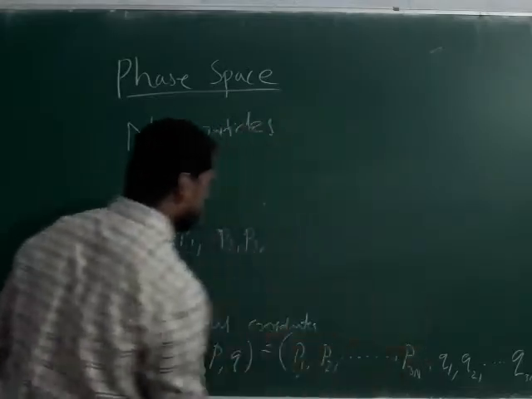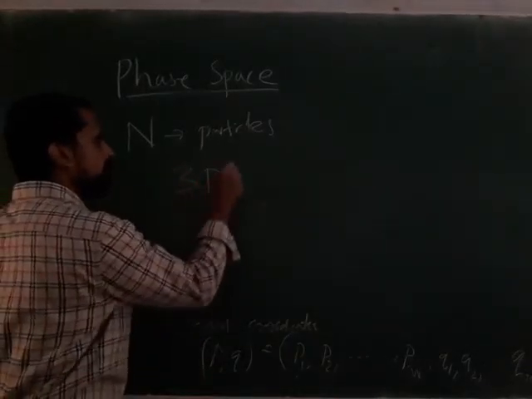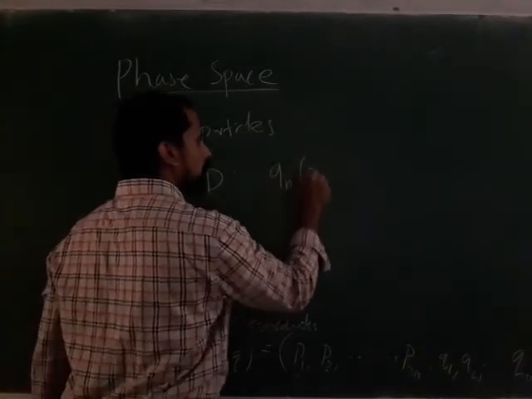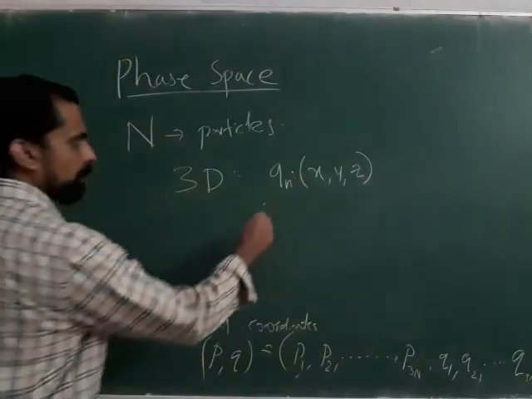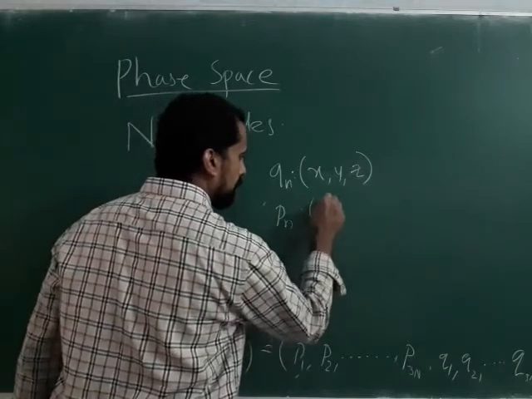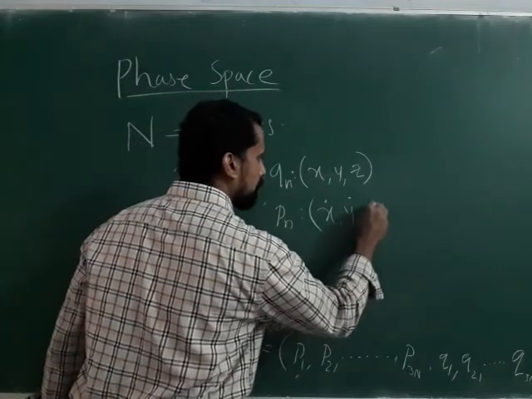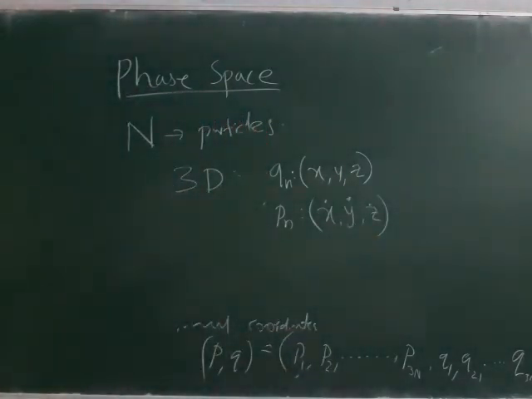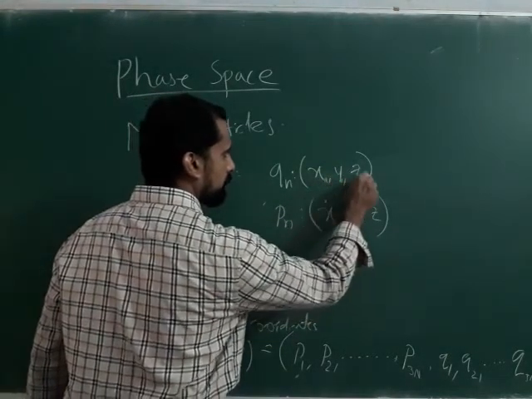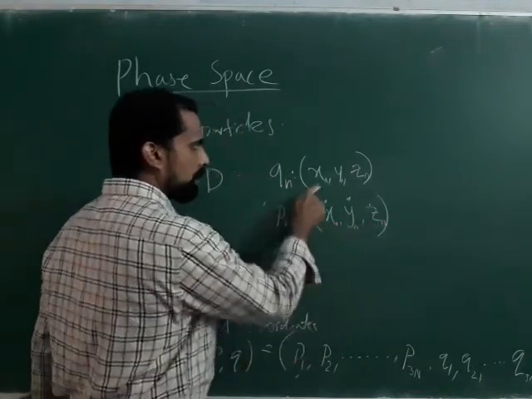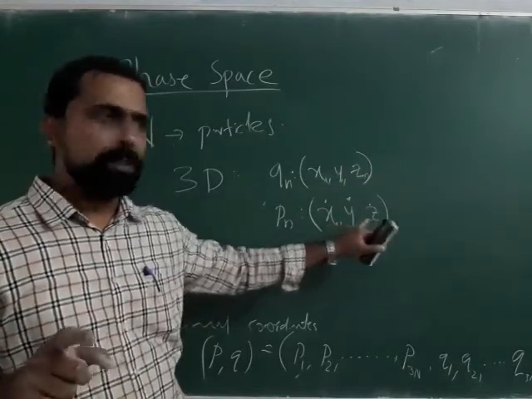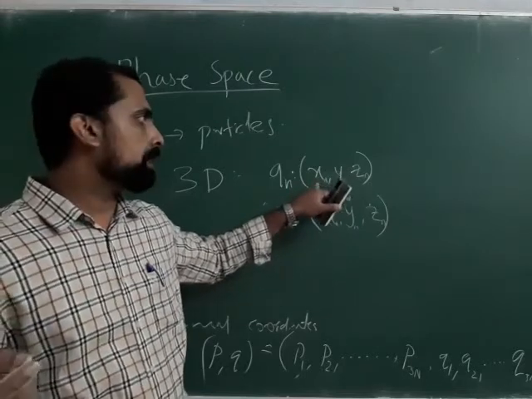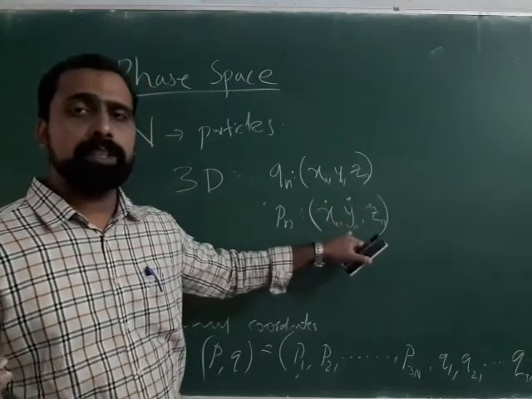In a 3-dimensional system, your Q is x, y, z, and P is x dot, y dot, z dot, the velocity components. Here n means that for each particle you have these: for the first particle x1, y1, z1 and x1 dot, y1 dot, z1 dot; for the third particle x3, y3, z3 and x3 dot, y3 dot, z3 dot, like that.